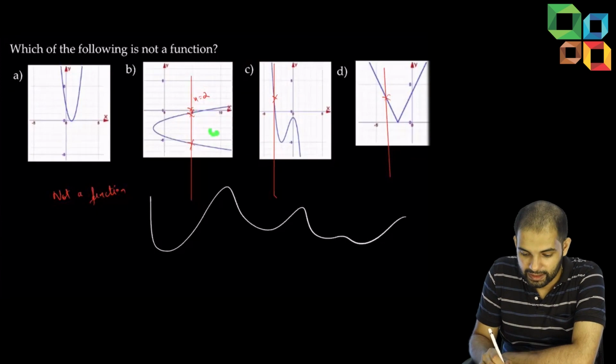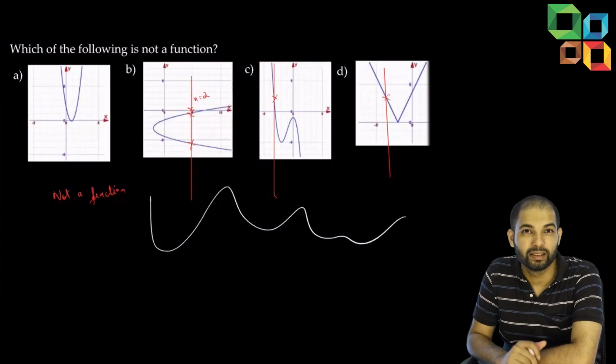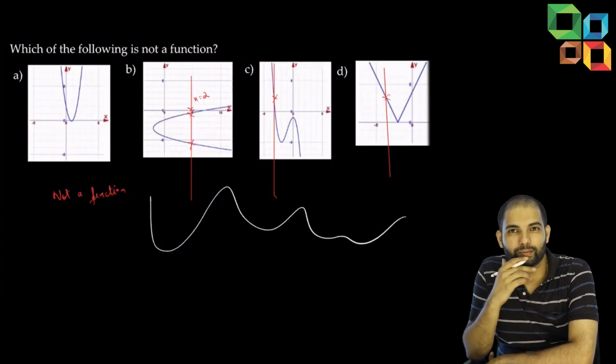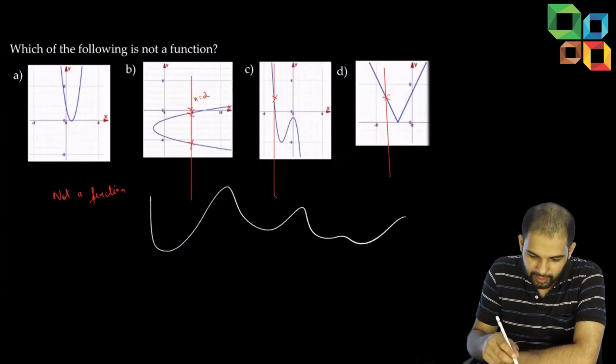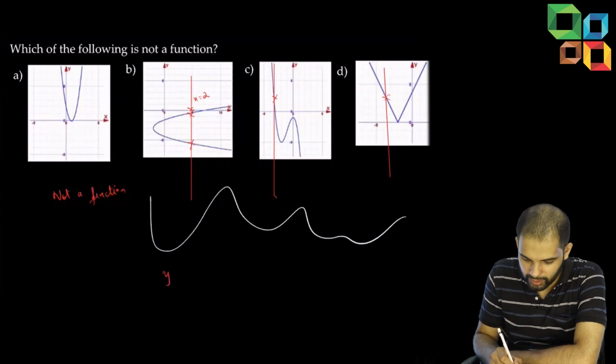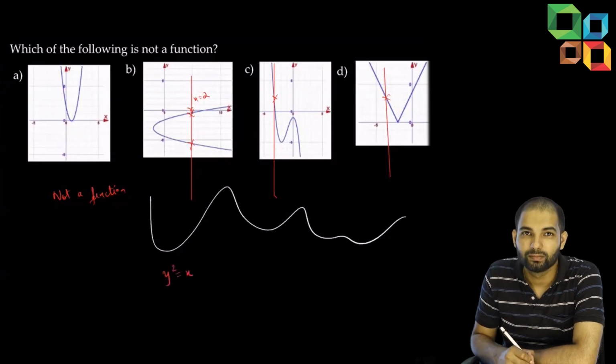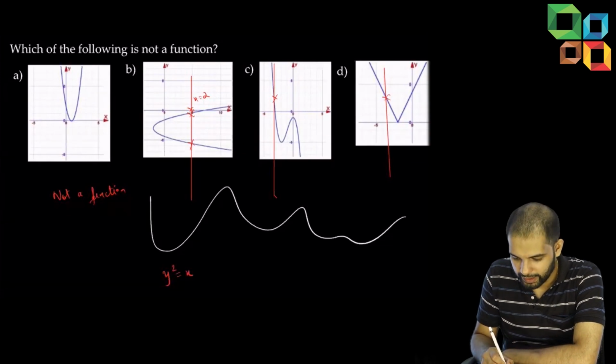So we are drawing this graph. It's fine. I'm not saying these graphs are wrong, but is it a function? No. Is it clear? If you remember what this graph is, not exactly, but it was similar to y square equal to x. Correct? So when you write y in terms of x, you'll get root x.